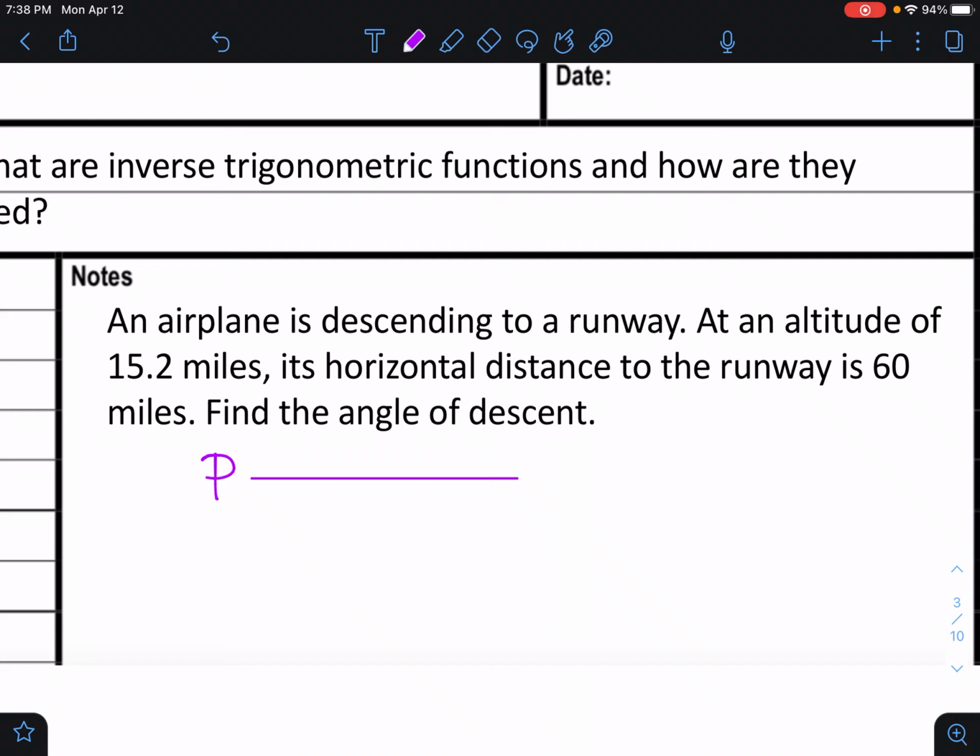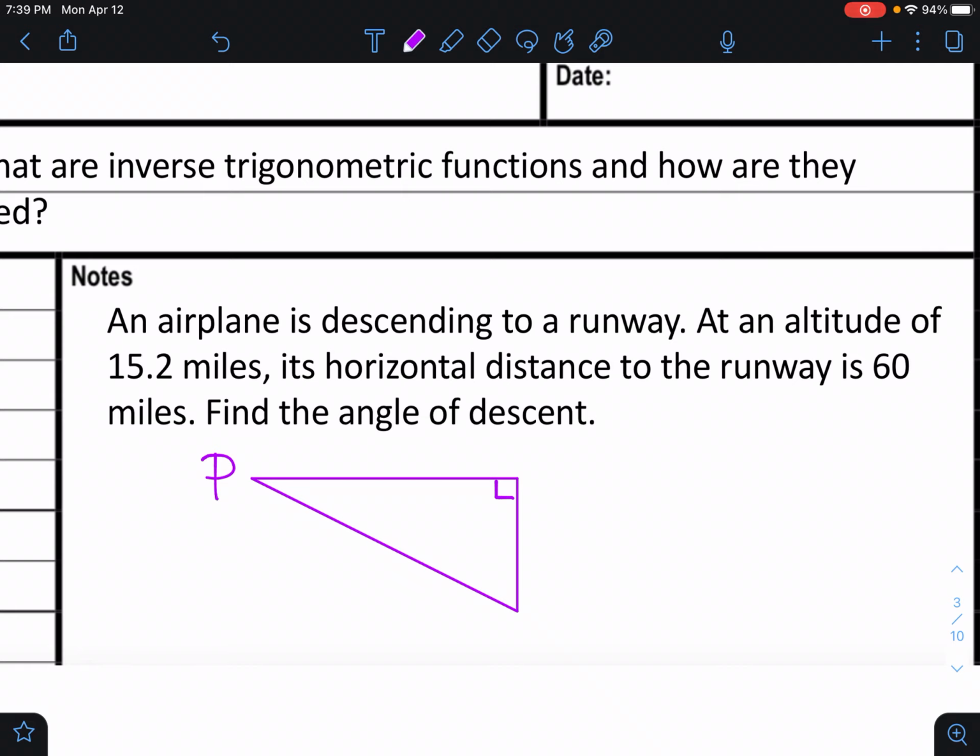So it's down from there, right? So this is an angle of descent, so angle of depression. So I know that this is going to go down and connect. So my right triangle is going to look like this. I know I'm drawing a right triangle, so you should be able to figure that out. So I always draw that horizontal line first and then figure out where the rest of my triangle goes.